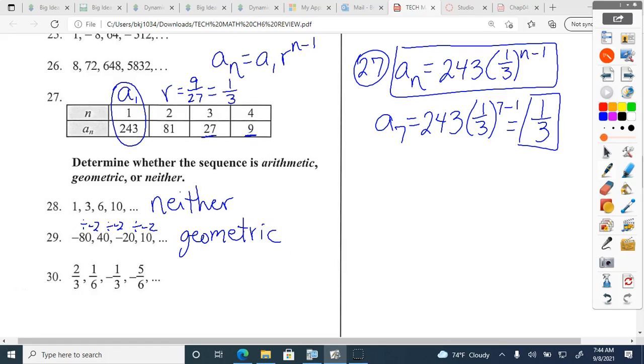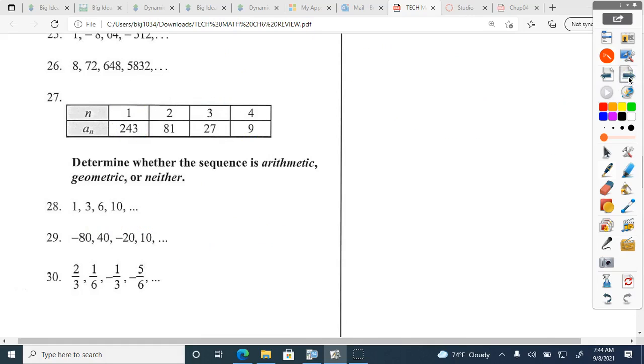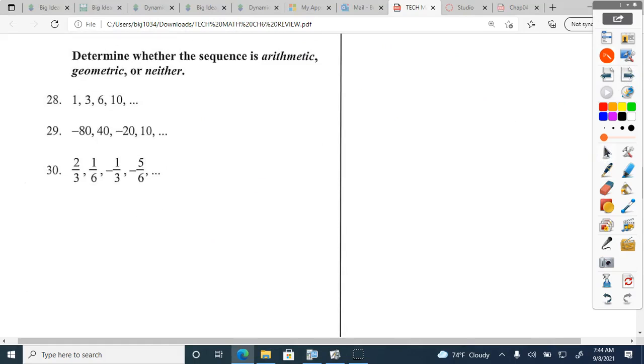And let's see here, 30, our last one. Let me scroll it up just a little bit. Whew, it's going to be okay. Let's just start doing the r. So 1/6 divided by 2/3. So let me put that in the calculator and see what we get. 1/6 divided by 2/3, you get 1/4.